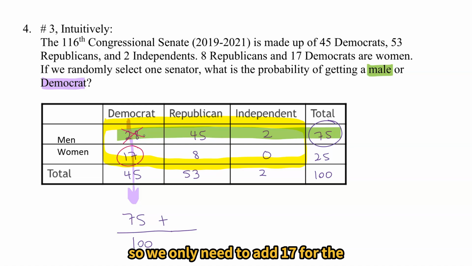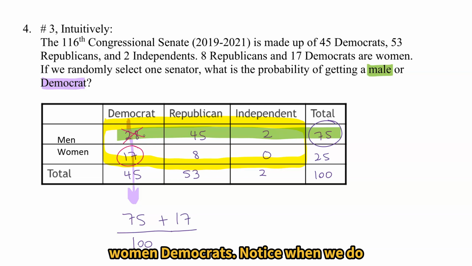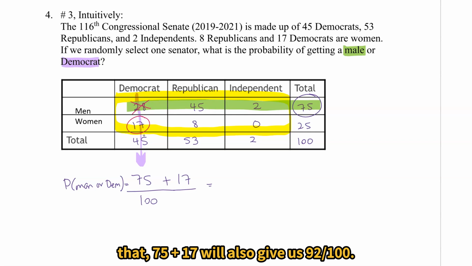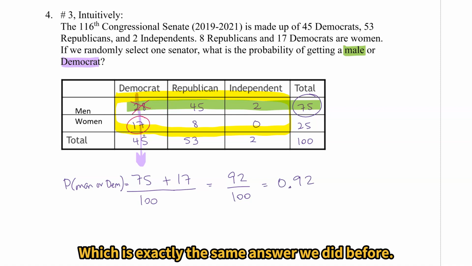So we only need to add 17 for the women Democrats. And notice when we do that, 75 plus 17 will also give us 92 out of 100, which is exactly the same answer we got before.